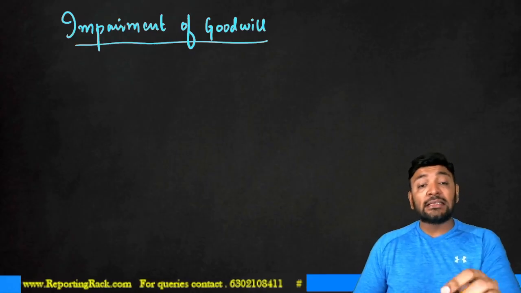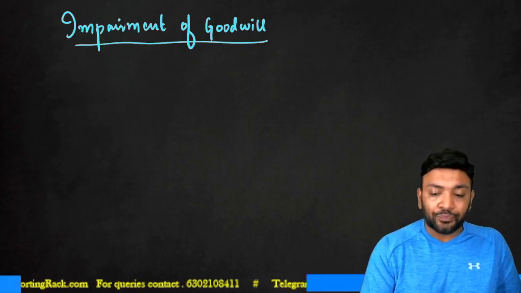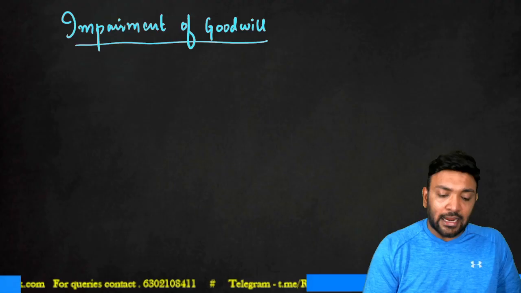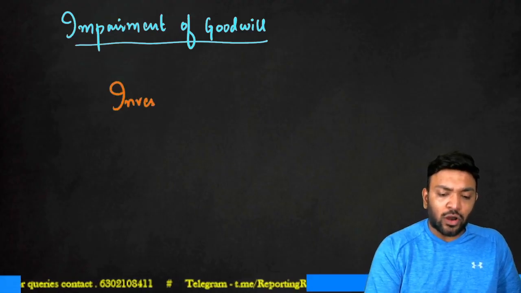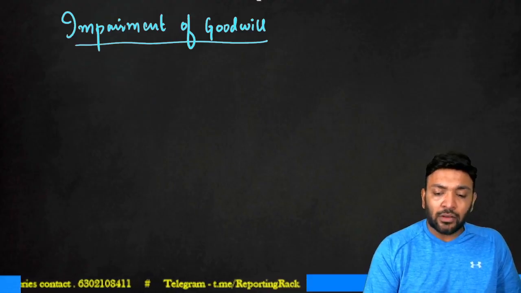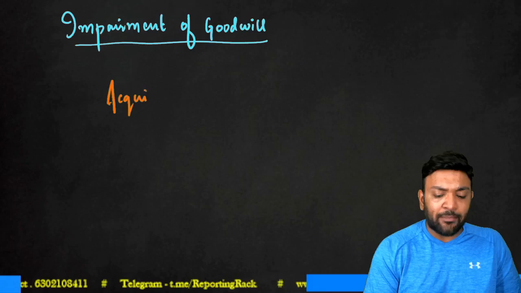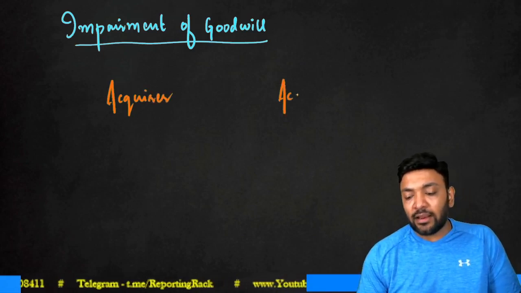Goodwill arises in a business combination under the standard IND AS 103. There is an investor, or let's call him an acquirer, and there is an acquiree.